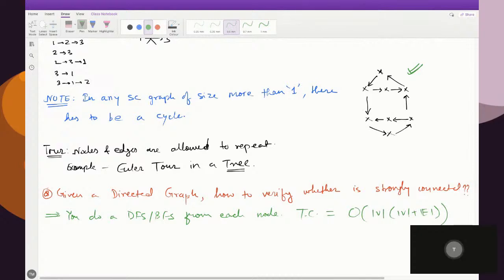Because when we traverse, we know the ancestor of each vertex. Okay, I give you guys 2 minutes to think about this problem. And if you have anything on your mind, please write it down in the comment.